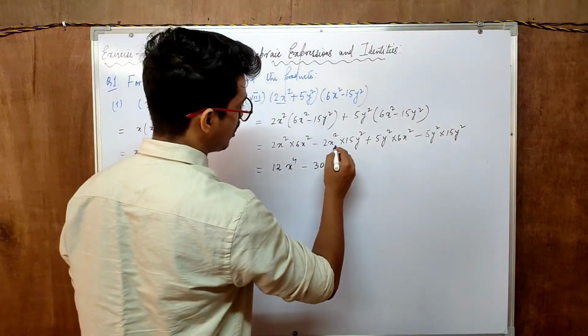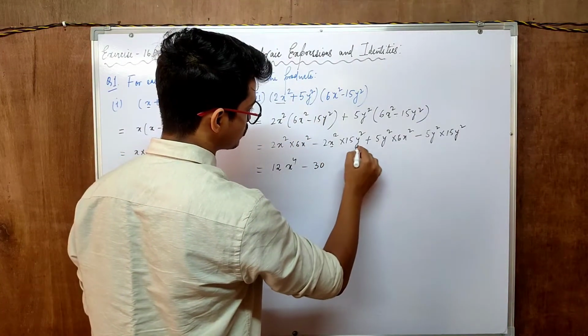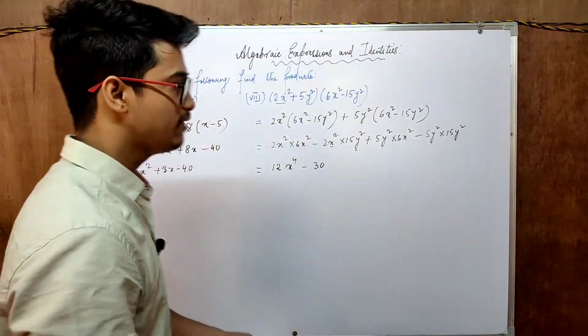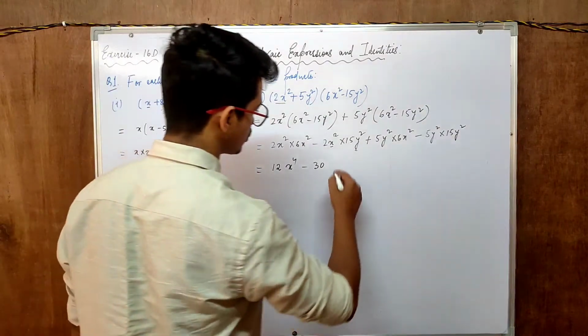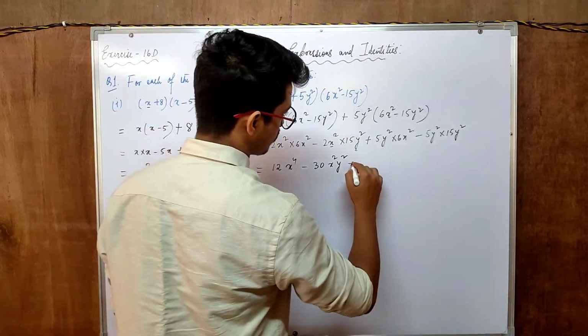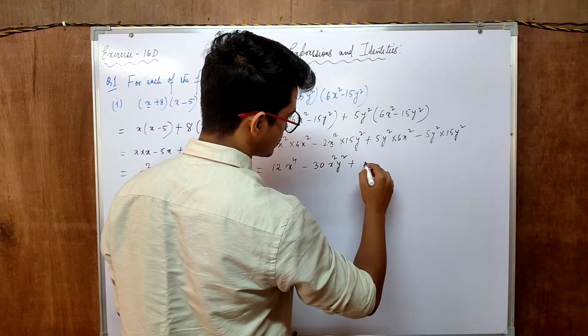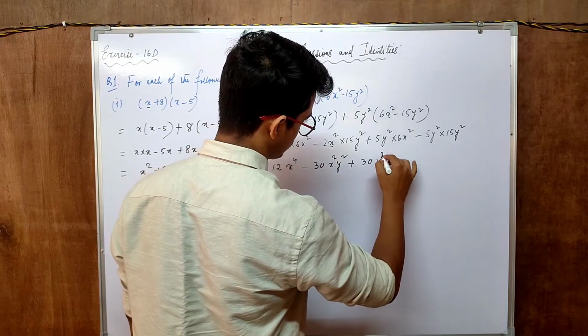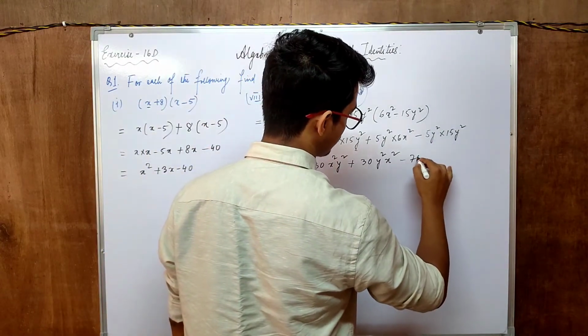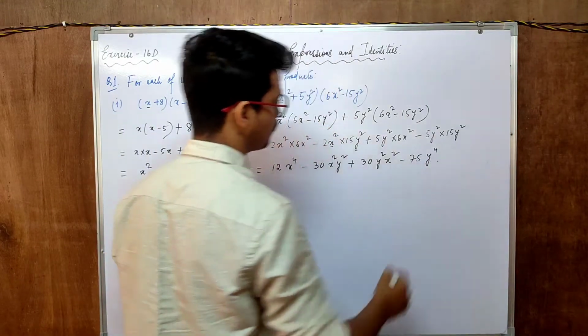These two variables are unlike variables, so they will remain the same. Only for like variables do we do the calculation part. So x square and y square will remain the same. Moving on, 5 into 6 is 30, with y square x square, and then it will be 75y to the power 4.